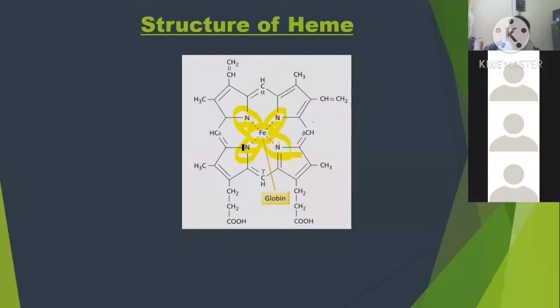So it has four coordinate bonds that are formed now. Then the fifth coordinate bond is with the globin, that is with the protein part. The protein binds to this heme part, the prosthetic group. And what about the sixth coordinate bond? That sixth is the one that binds to the oxygen. Is that clear? So iron has six coordinate bonds, out of which four are with the nitrogen of the pyrrole ring, the fifth is with the protein part, and the sixth is with the oxygen atom. So that is how the globin and this porphyrin are bound together or linked together.